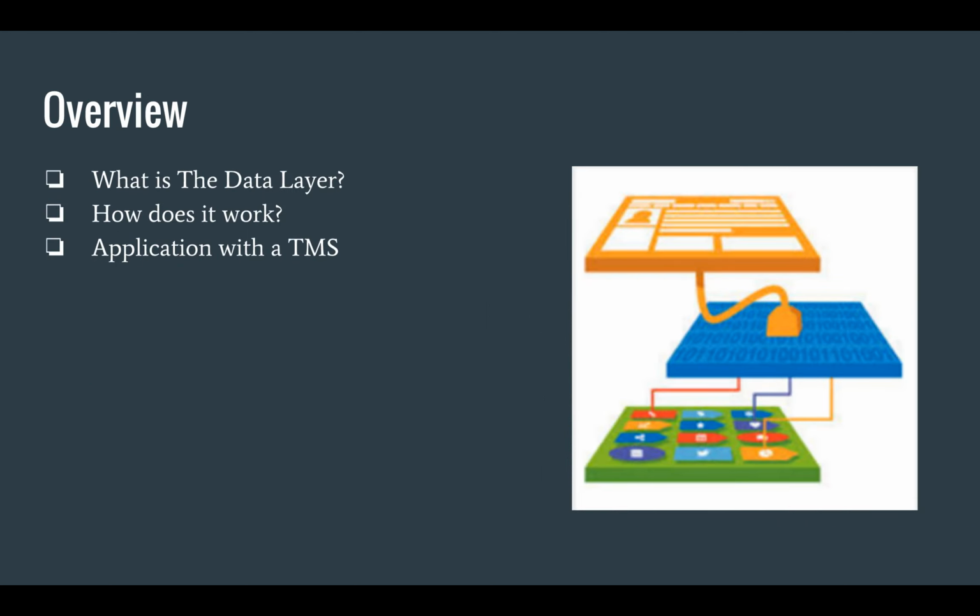The last piece here in terms of what it is is the application within a tag management system. And we'll get into how to really leverage it with the tag management system.